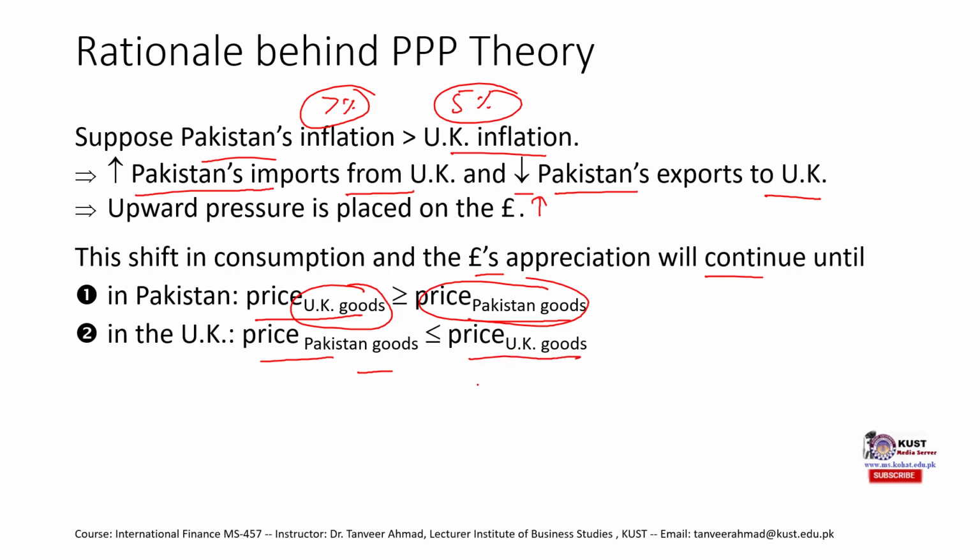So in essence, either the prices in the UK and Pakistan should be equal, or this process would happen until the price of the UK products, because people in Pakistan are importing them, becomes greater than or equal to the price in Pakistan.